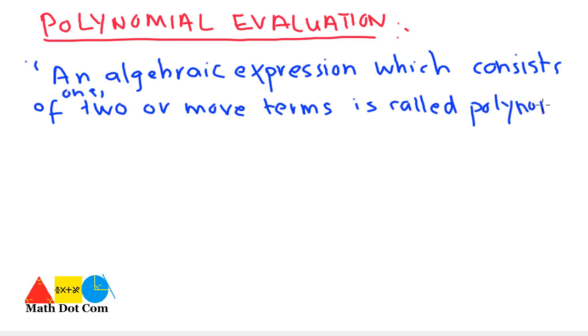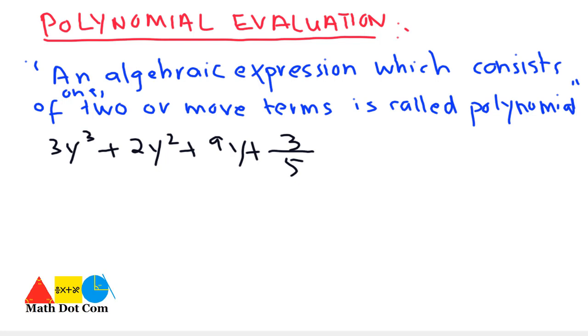Okay. So keeping this concept in mind, we will see how we can evaluate a certain polynomial. Let's take an example. 3y cube plus 2y square plus 9y plus 3 by 5. Let's evaluate it for y is equal to 2.